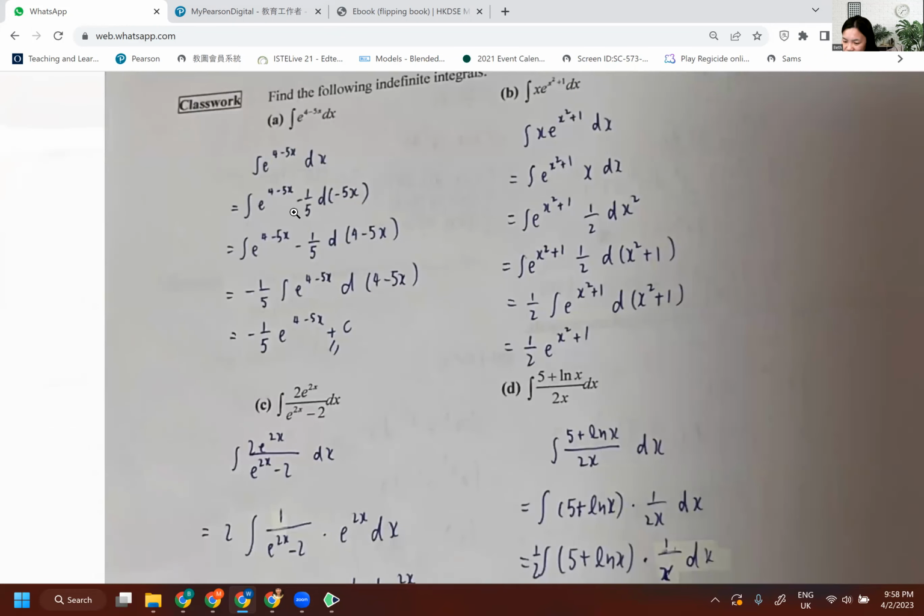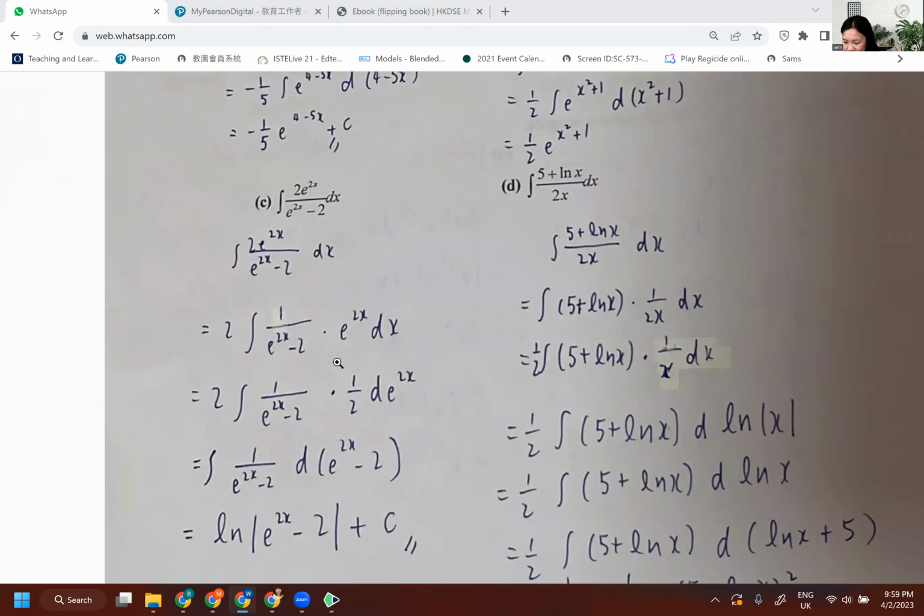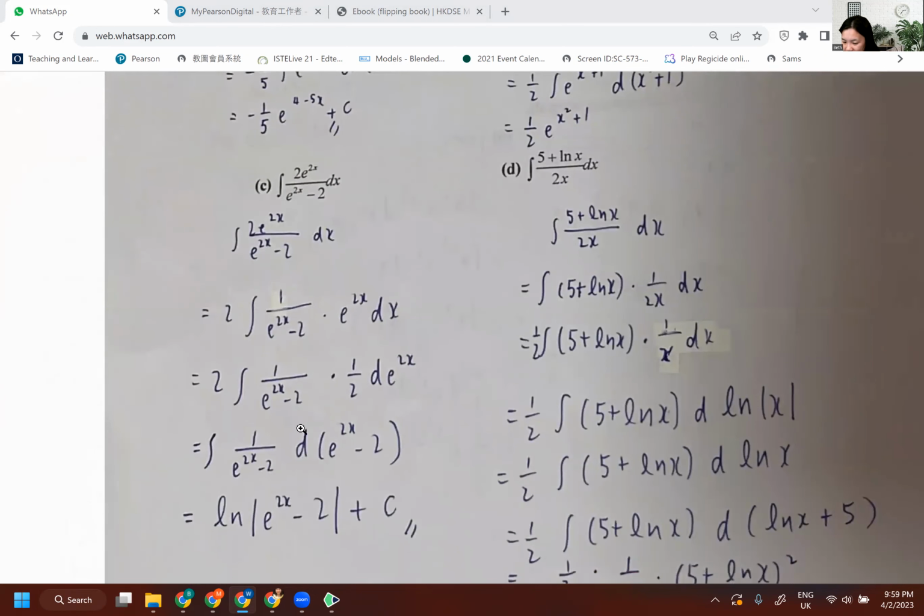Now I would say that, Sophie, next time you need to add a bracket here with the -1/5, and here plus C in the end. Part B, this one, she did it very slowly, but it's correct. The answer should have an absolute value.